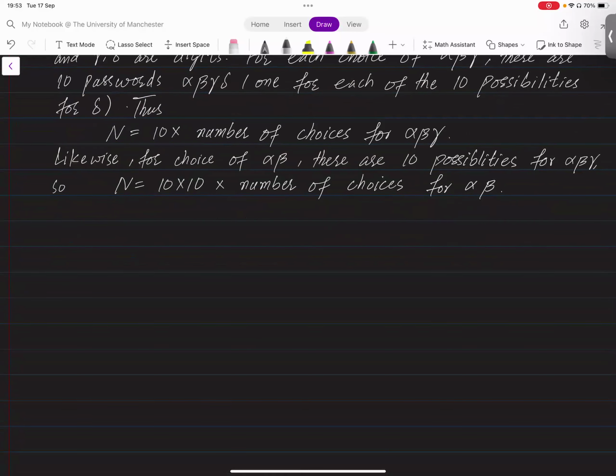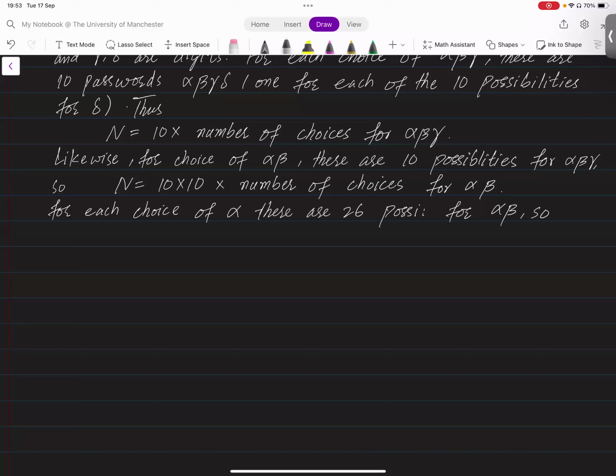Now for each choice of alpha, there are 26 possibilities for alpha, beta.